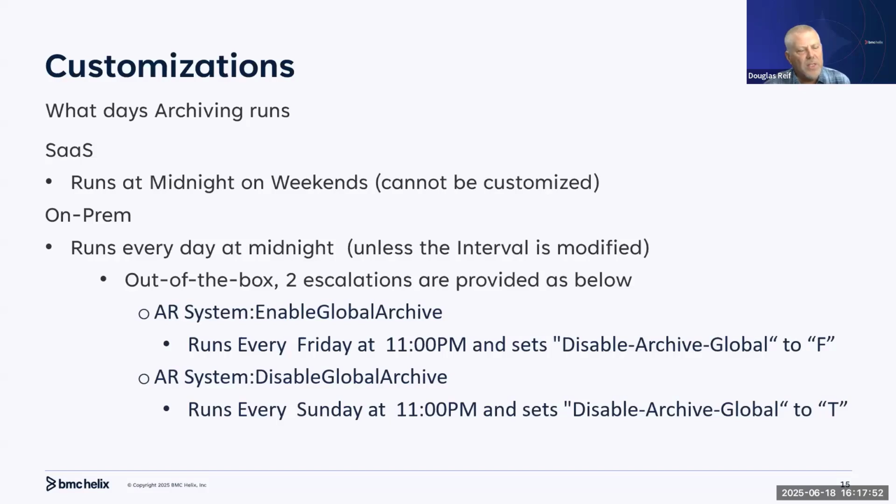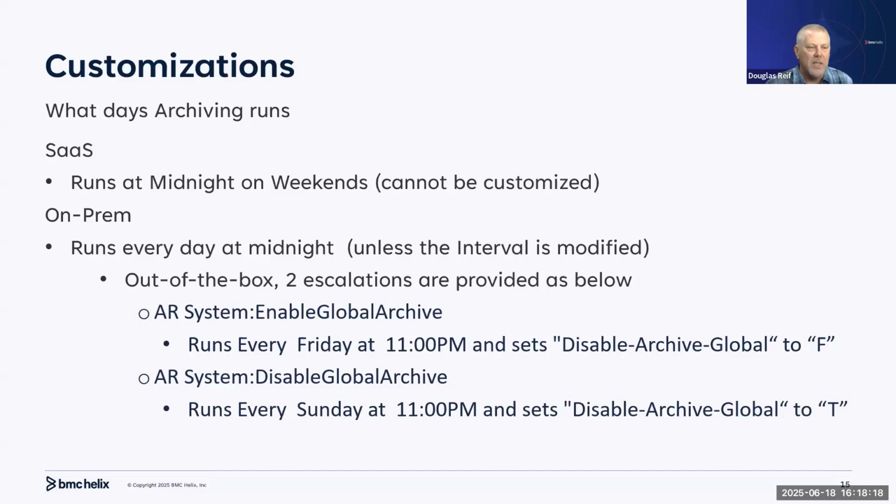So what these escalations do is they enable archiving at 11 p.m. on Friday night, because at midnight is when archiving kicks off. So at midnight, when archiving checks, it will already be enabled and it will kick off. And then at 11 p.m. on Sunday night, it will turn off archiving.